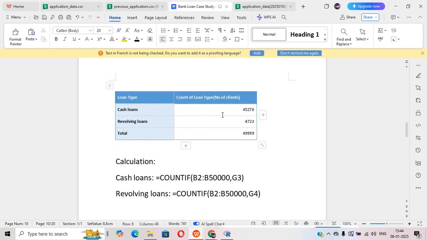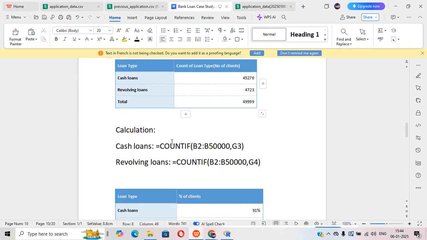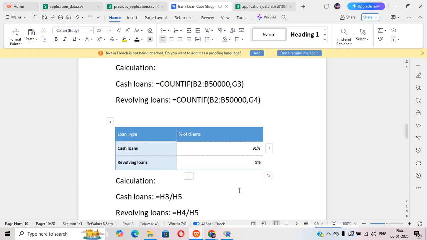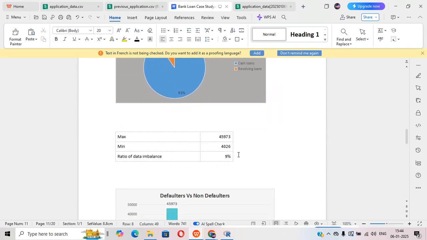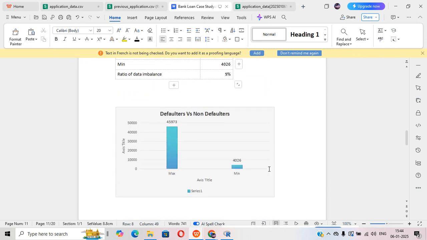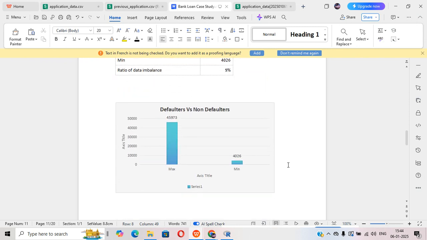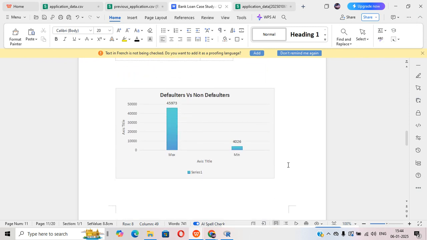After that, the count of loan type and the calculation used for the percentage also the same, and the pie chart. Taken min, max and ratio and added a column chart for that.